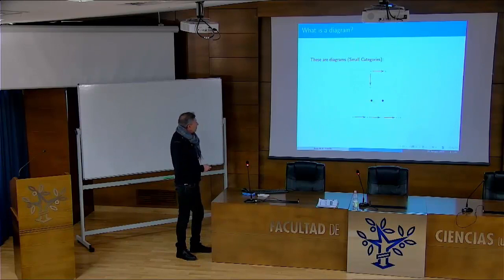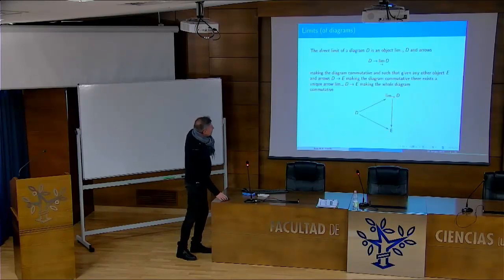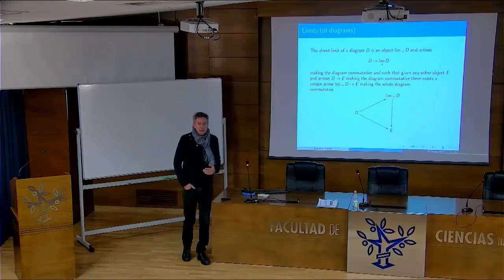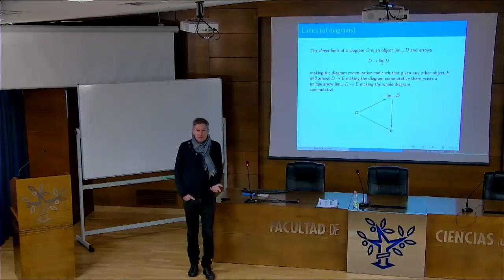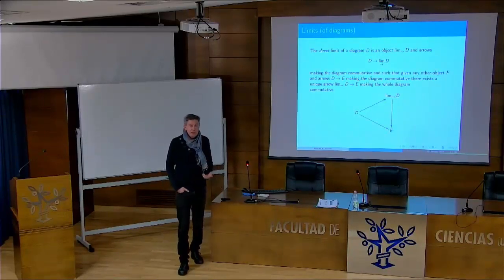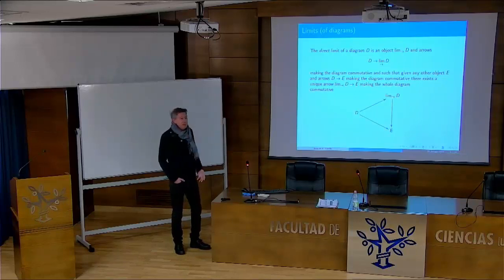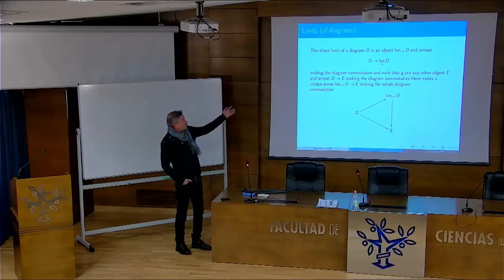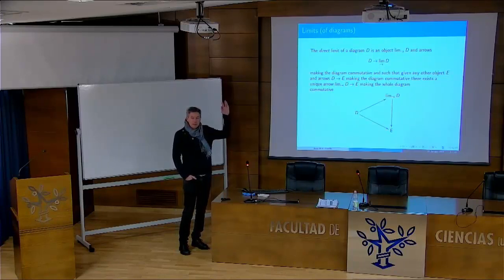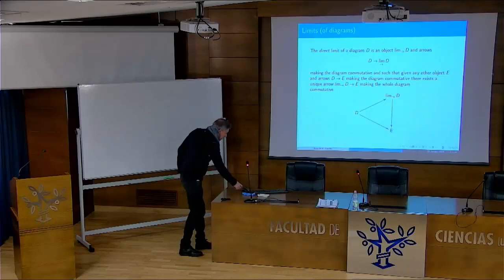And the best thing you can do with a diagram is to take the limit. The limit of a diagram is another object, in our case a Banach space, with the property that there are arrows from the points in the diagram to this limit, say.